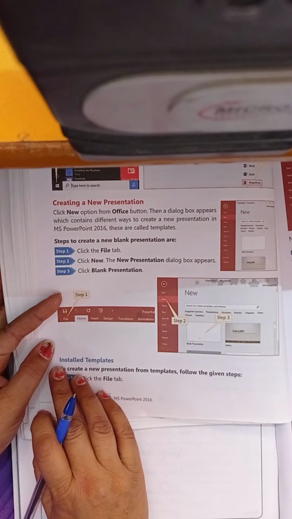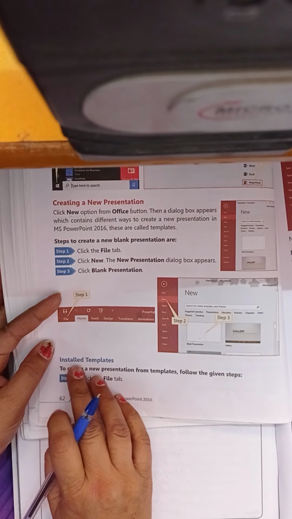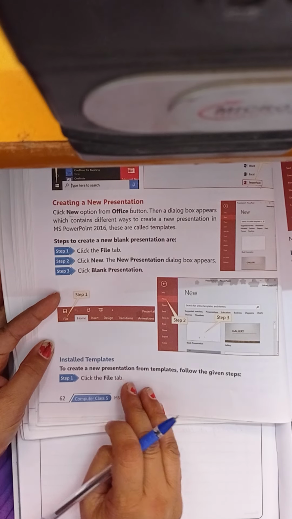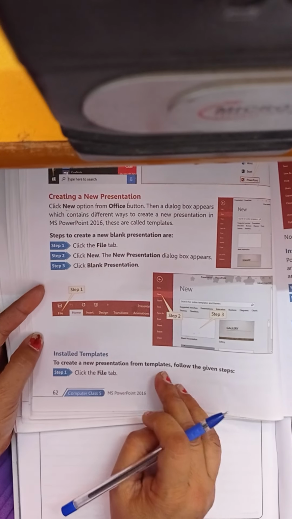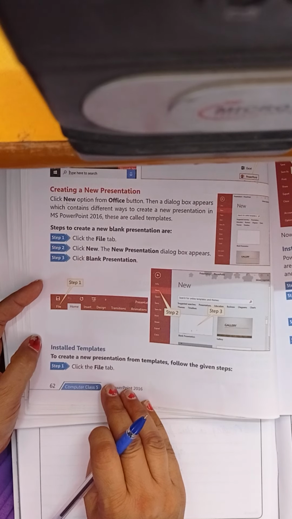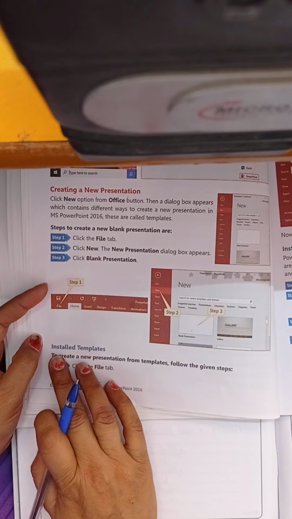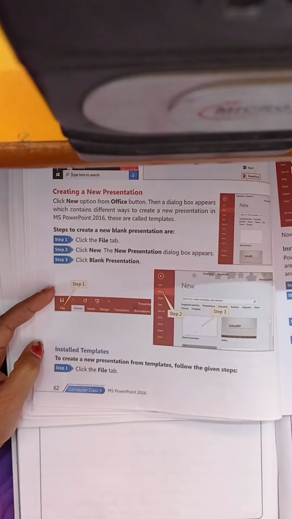Now next topic is we will use the installed templates to create the presentation. We have to follow these steps to create a presentation by using installed templates. Click on the File tab and here we have to click on New option and then new presentation dialog box appears. From there we have to click on Installed templates.